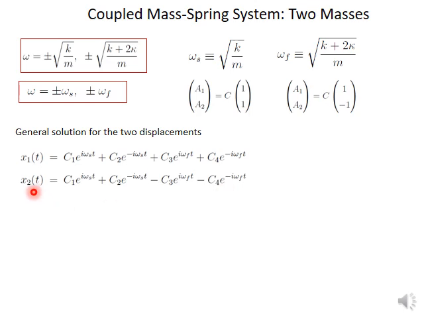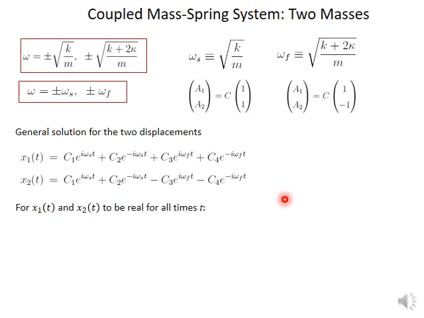You can write a similar expression for x2 by utilizing the fact that for the slow solution both coefficients have the same sign. So if this is c1, this should be c1 as well, and this is c2, this should be c2 as well. But for the fast frequency terms, if this is plus c3, this should be minus c3, and this is plus c4, this should be minus c4. So these are your generalized solutions for x1 and x2.